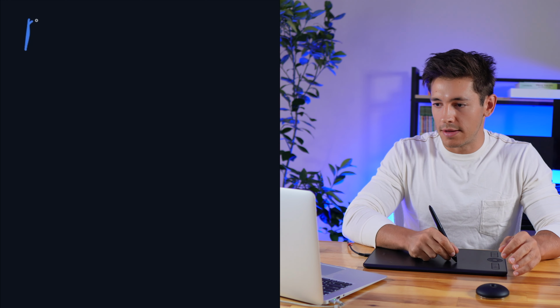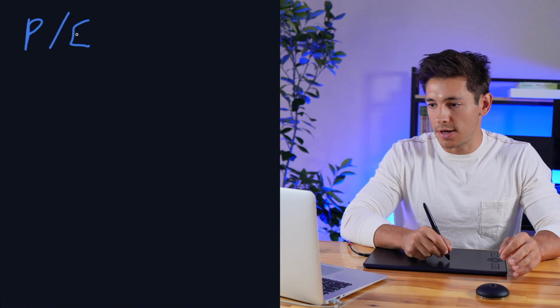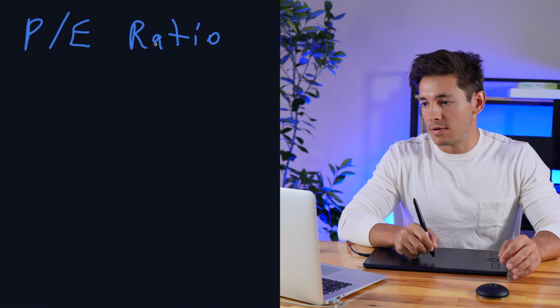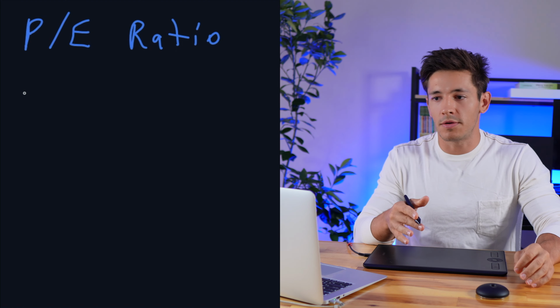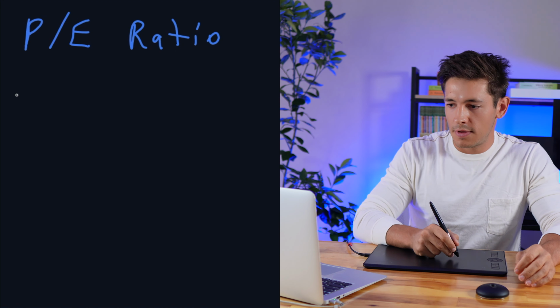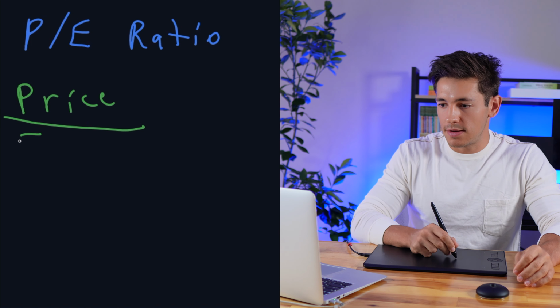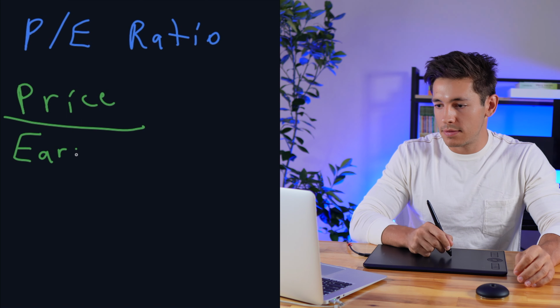So when we talk about the PE ratio, you'll see it written as P/E, and we'll talk about what these are. So in the PE ratio, the P stands for price, and the E stands for earnings.